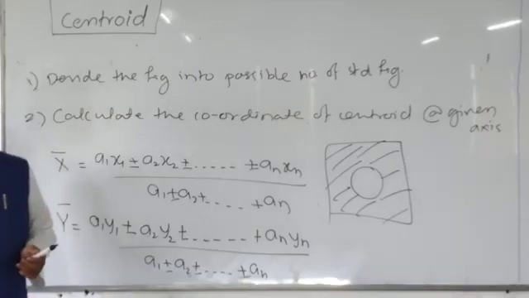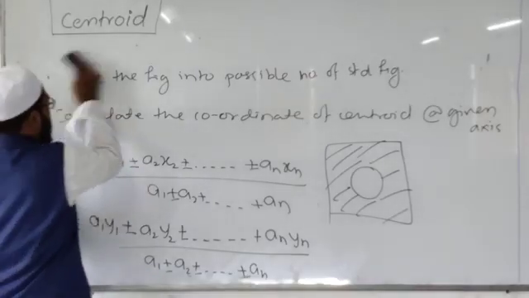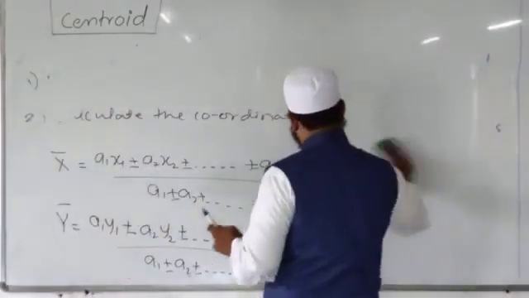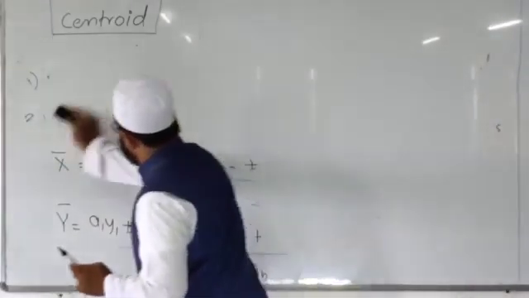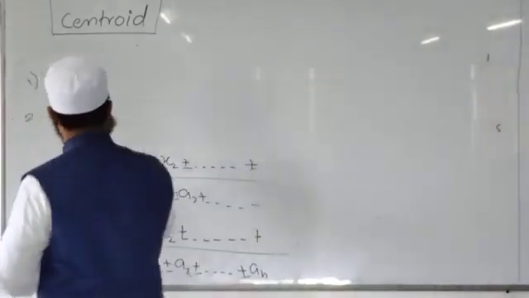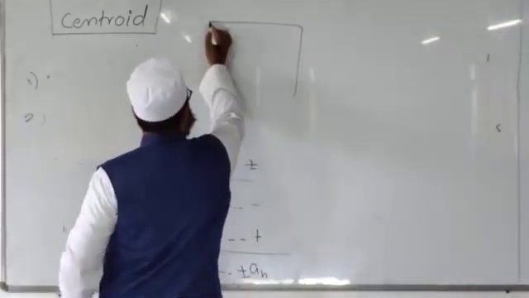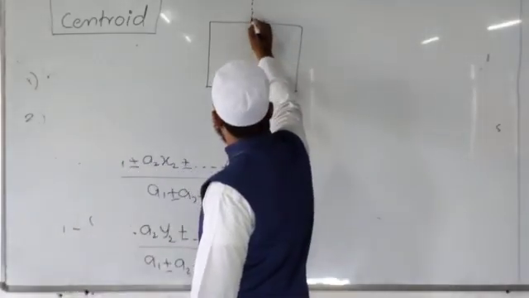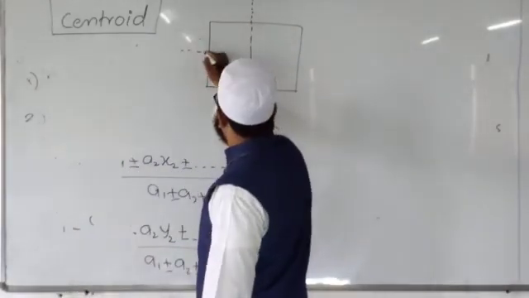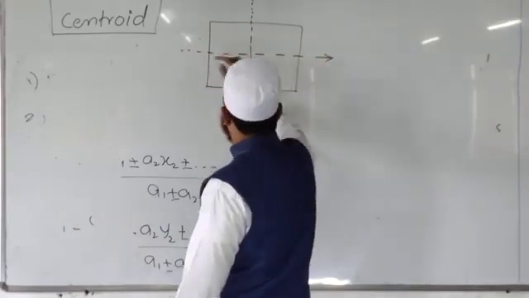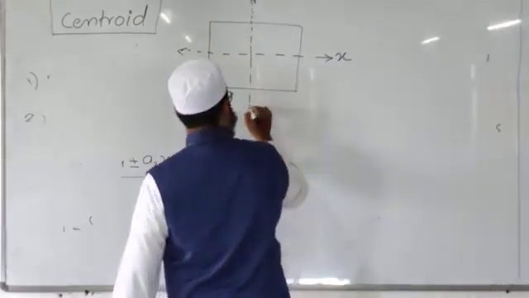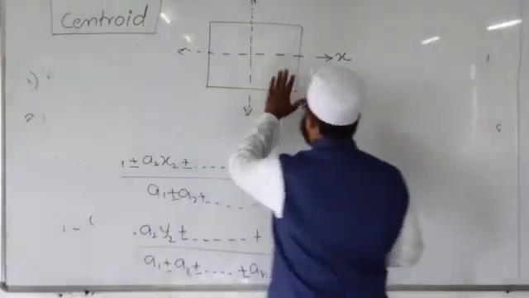It is very easy. Now the very important point is you have to remember the axis of symmetry. Suppose this figure is given and we have to determine the centroid with reference to the axis at the given position.